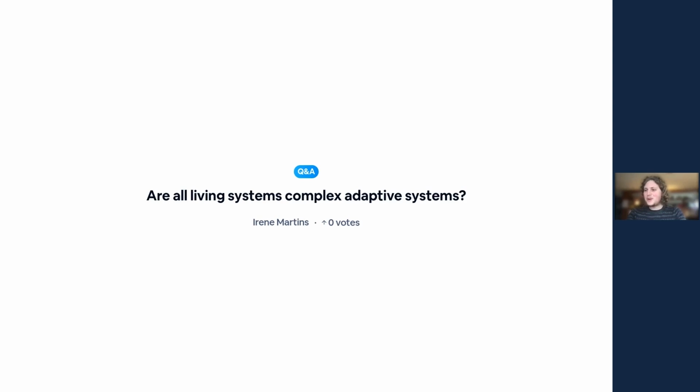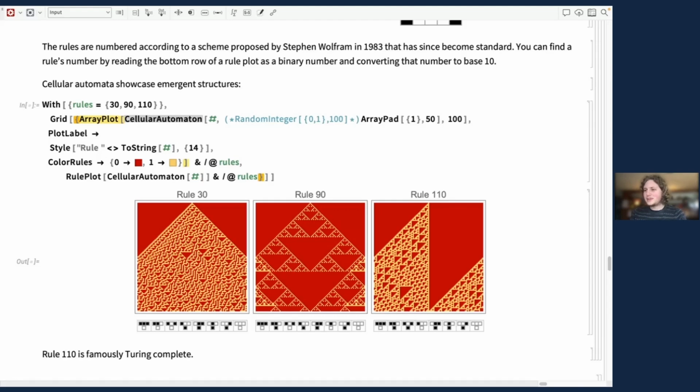As far as I am aware, I would say living systems, according to our modern understanding of life, are all complex adaptive systems. And in fact, life more broadly is a sort of complex adaptive process.